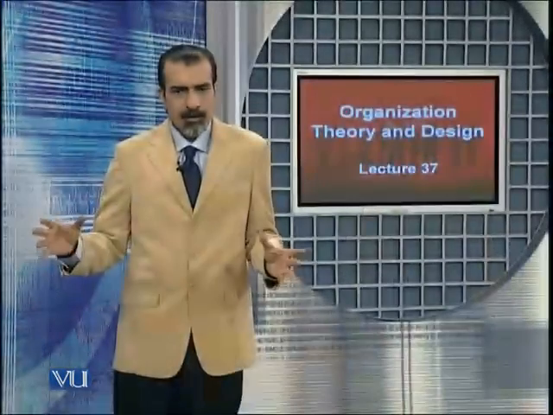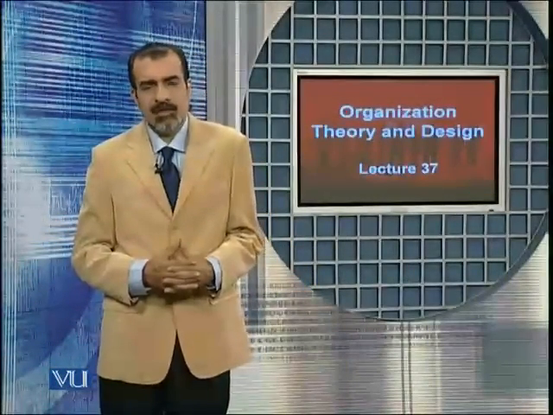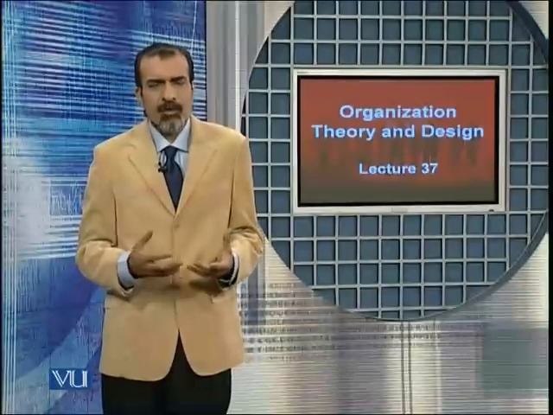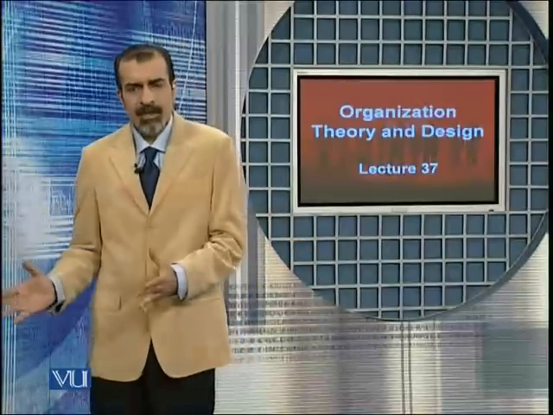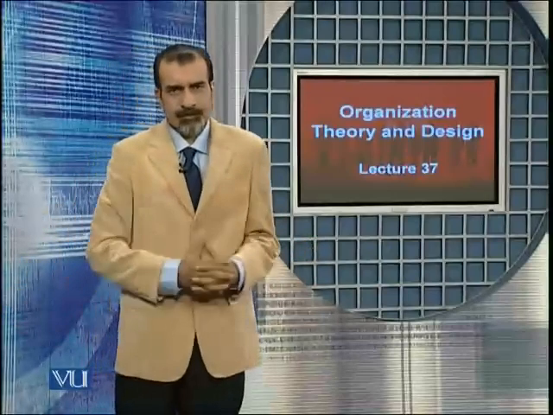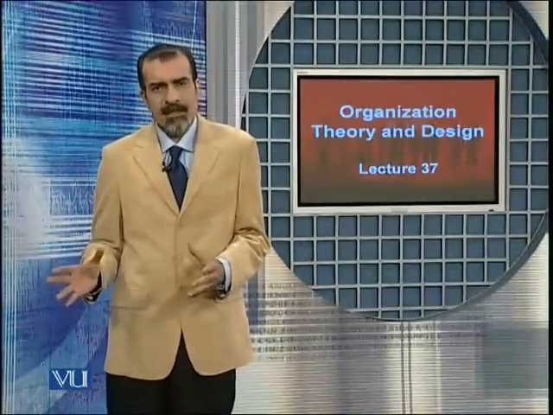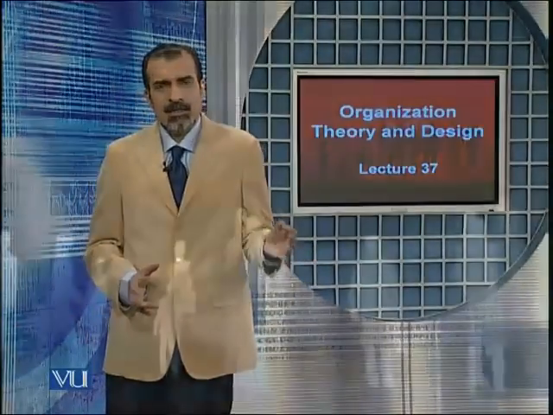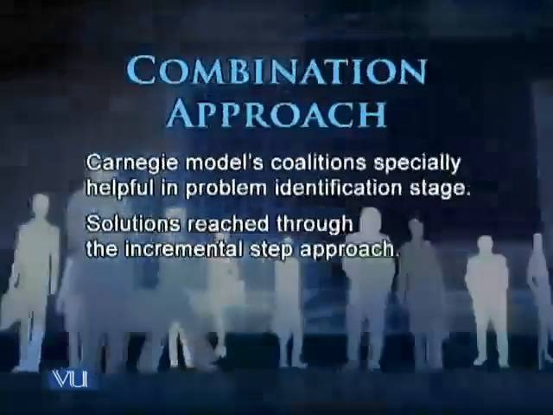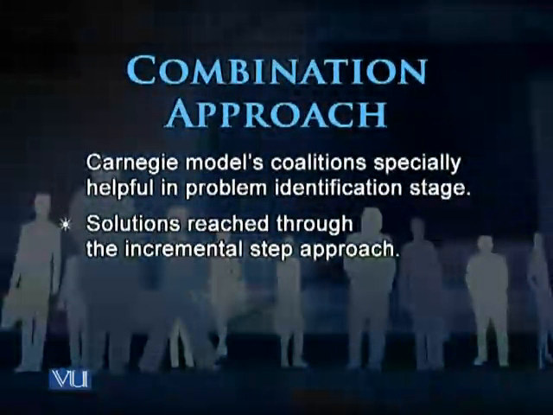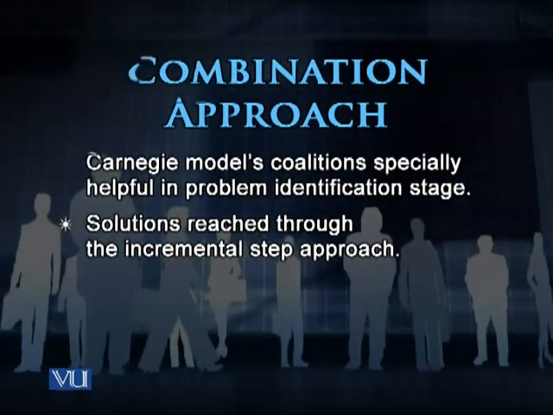So when we are talking about organizational decision making, we are talking about two broad phases: problem identification and problem solution. The problem identification phase is taken care of by the Carnegie model, and the solutions are reached in a learning organization through an incremental step approach.